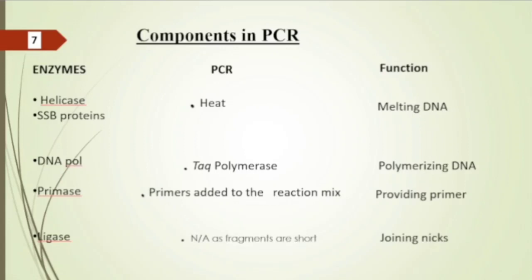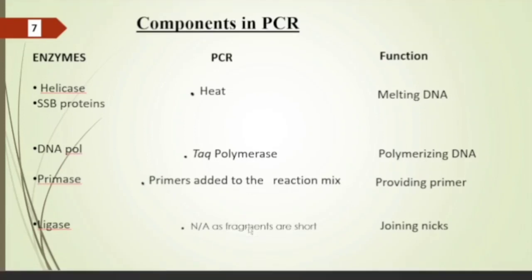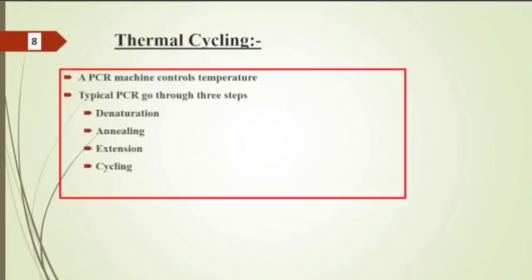DNA polymerase, that means Taq polymerase, is essential for polymerizing the DNA. Primase enzyme is required for providing a primer base. Primer should be added to the reaction mixture. The ligase enzyme is also required for joining the fragments of DNA. All these enzymes and proteins are placed in a PCR machine to perform the function. These are the components essential in a PCR machine.